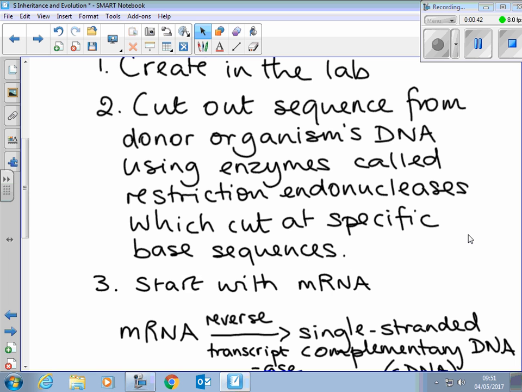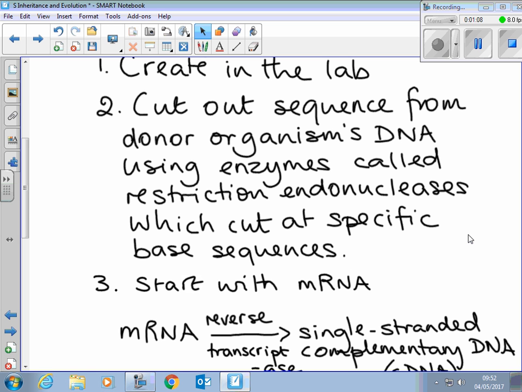Now, that little table at the top of your sheet there, you've got 5 different restriction endonucleases listed, and it shows you the sequences that they cut at. Now, we describe those sequences in a particular way because they read the same in the opposite directions, if you know what I mean.